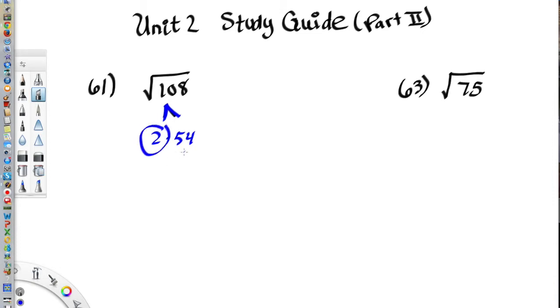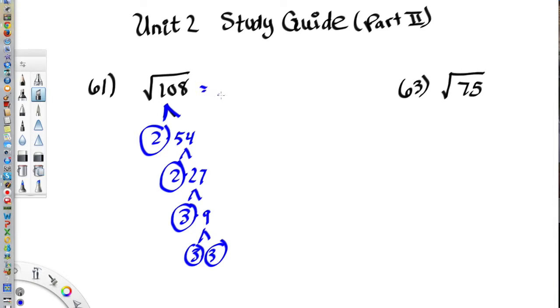There's 1 prime. I know that 54 is 2 times 27. And I know that 27 is 3 times 9. And 9 is 3 times 3.